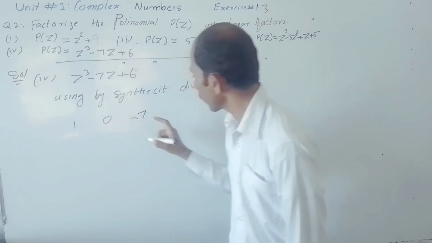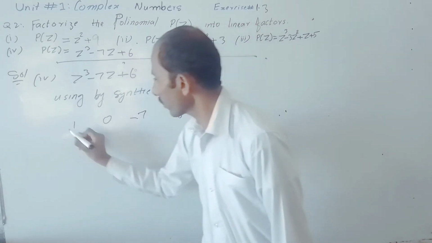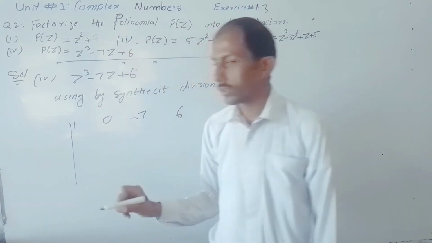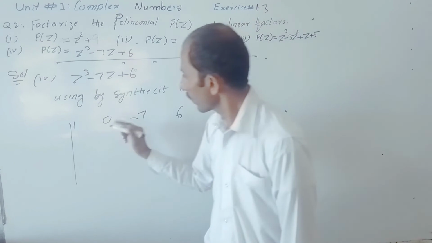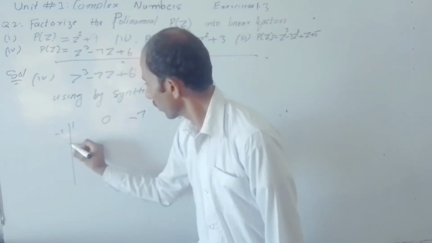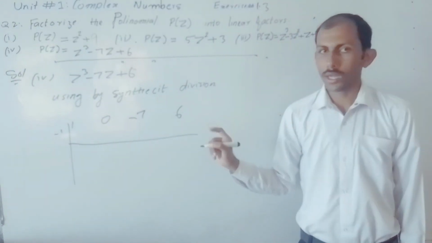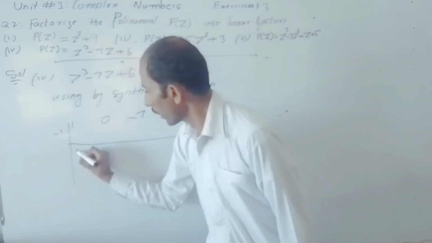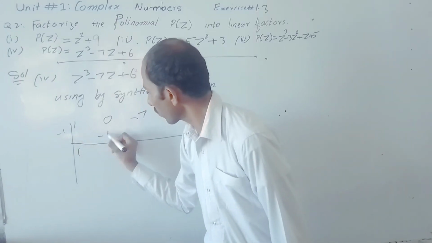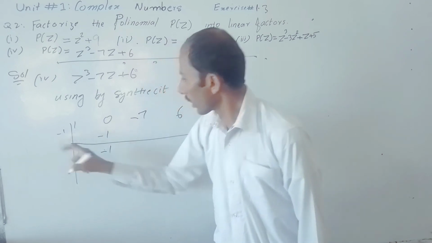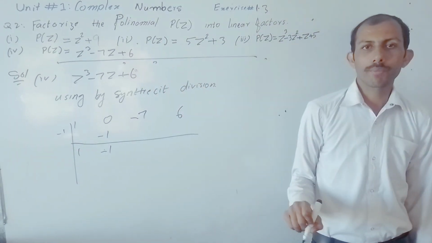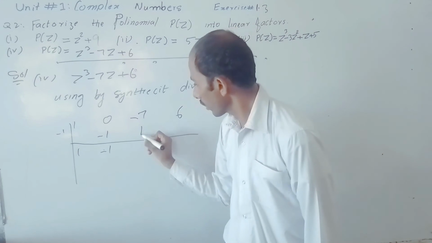Next constant, so constant is 6. First we check minus 1, so 1 as it is, 1 into minus 1 is minus 1, minus 1 plus 0, minus 1 multiply minus 1 plus 1.